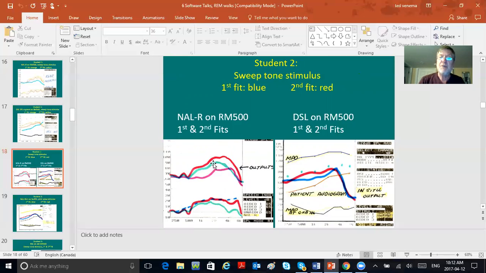Real ear aided response minus real ear unaided response gave you real ear insertion gain. Look at how far you are shy of the high frequency target. We had to reprogram the aid to deliver more mid to high frequencies in order to have a better match to the NAL target.